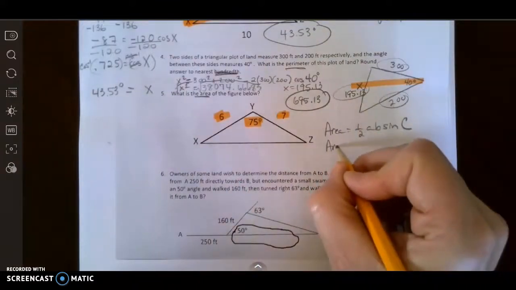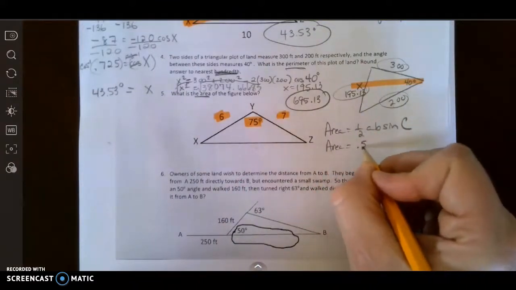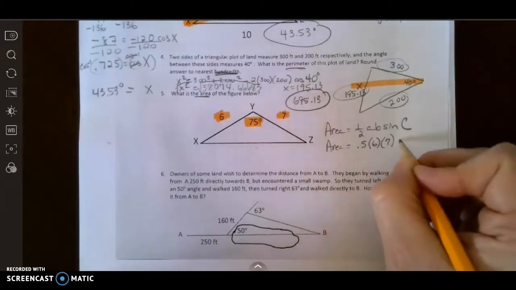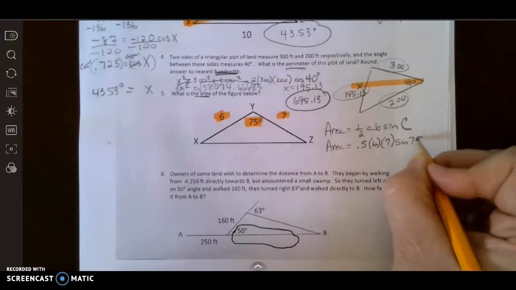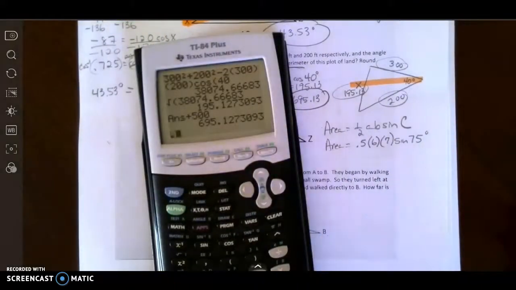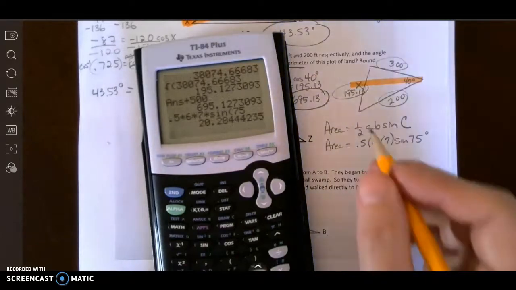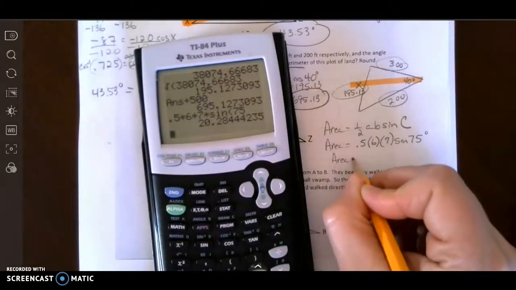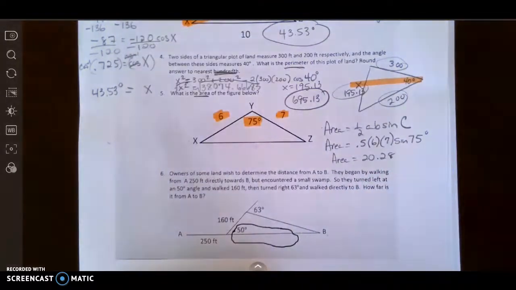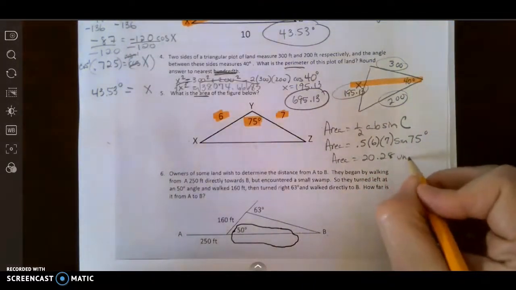So area equals 0.5 times 6 times 7 times the sine of 75 degrees, and I get 20.28. And that would be square, what? Doesn't say. Units squared.